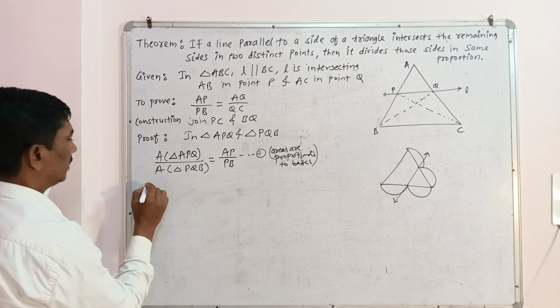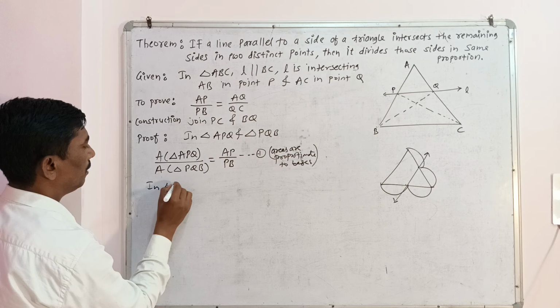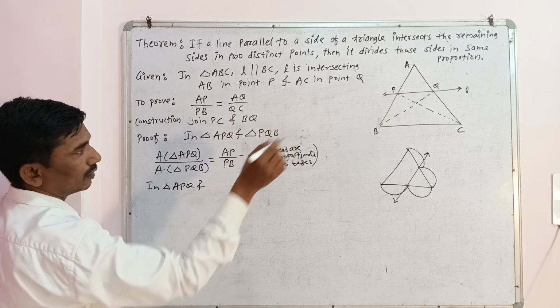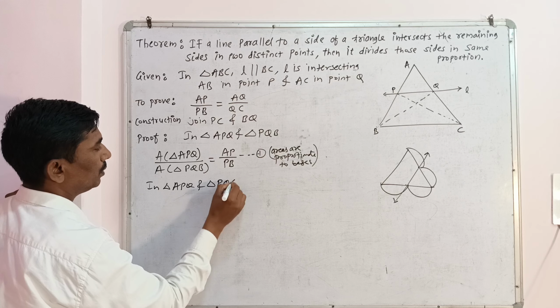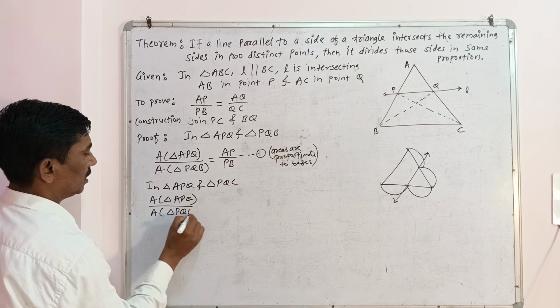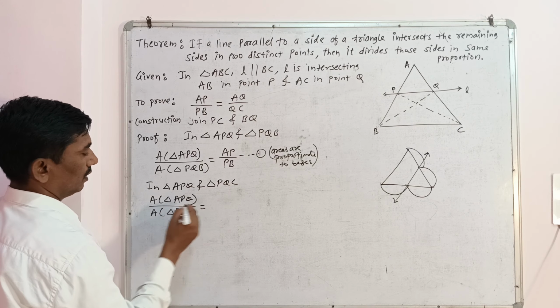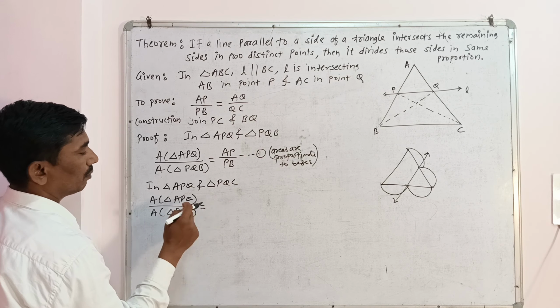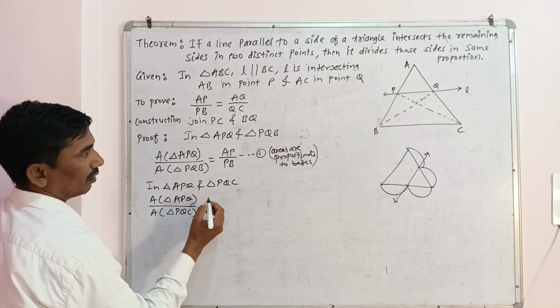So I will write here that in triangles APQ and PQC, if you take the area of triangle APQ divided by the area of triangle PQC, the areas will be proportionate to their bases since they have the same height.